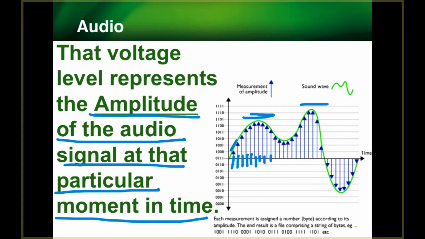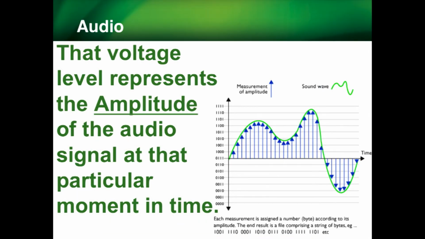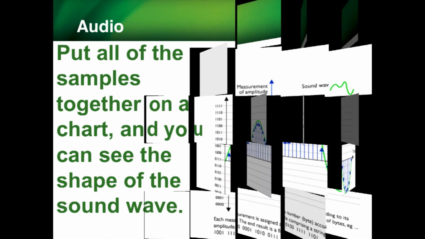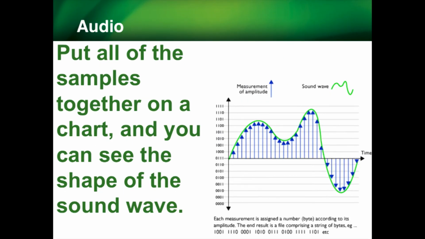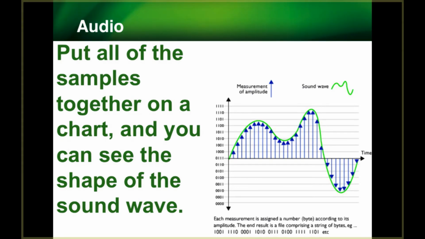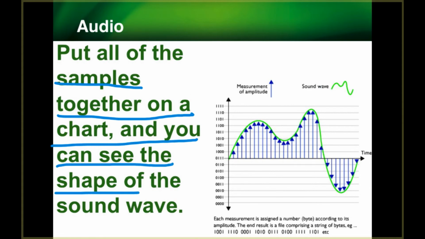And it plots all these points, which creates our idea of what the sound wave looks like by connecting the dots afterwards. But again, remember, the computer is doing this all incredibly rapidly. You put all the samples together on a chart, and you can easily see the shape of the sound wave. Just like connecting the dots when you were a kid.